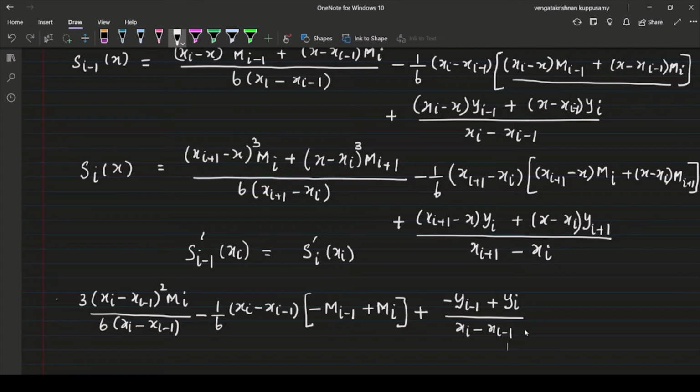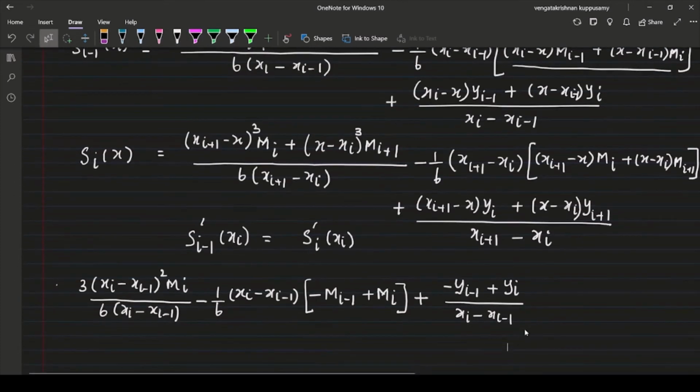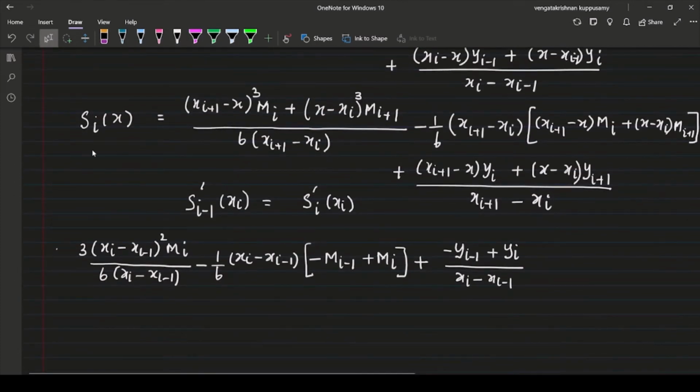In the similar manner, we differentiate s_i(x) once and replace x by x_i. If you replace x by x_i, this factor becomes 0.